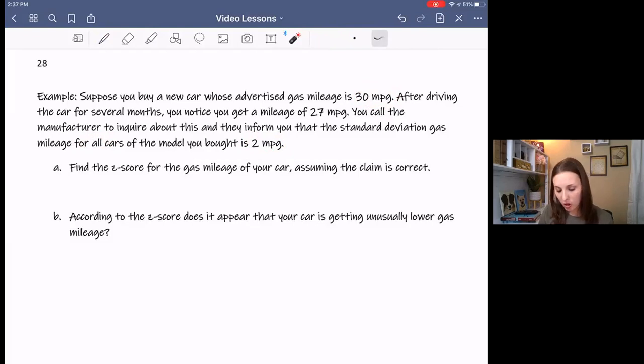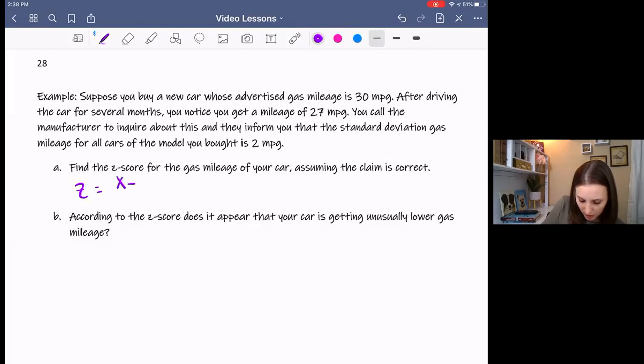And in this case, your car is 27 miles per gallon. So if you need to pause it and figure that out, you can. Just to remind you, the formula is x minus the mean over the standard deviation. Pause it, try it, come back.